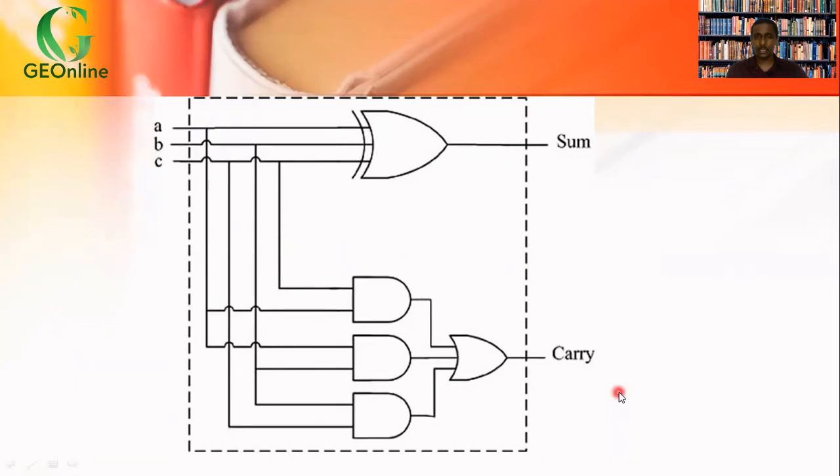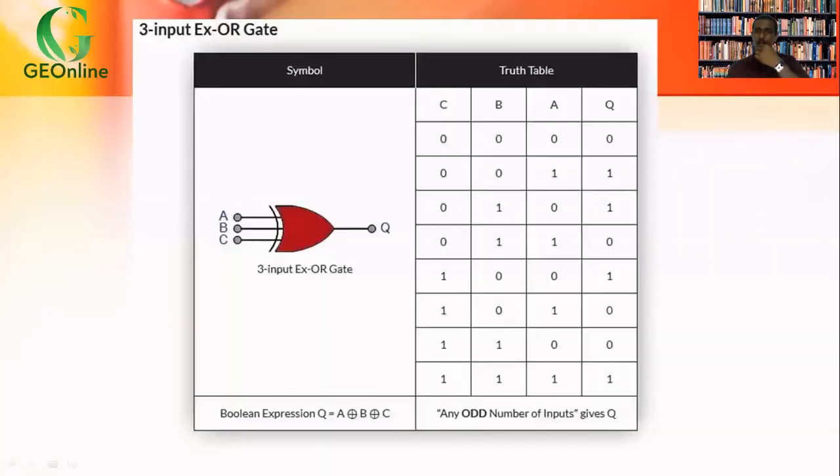Let us see how it works. If we consider the 3 input XOR gate, the output is high only when an odd number of inputs are high. That means if we count the number of 1s in the input, it should be odd.